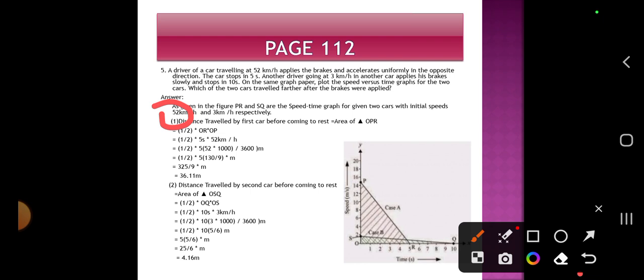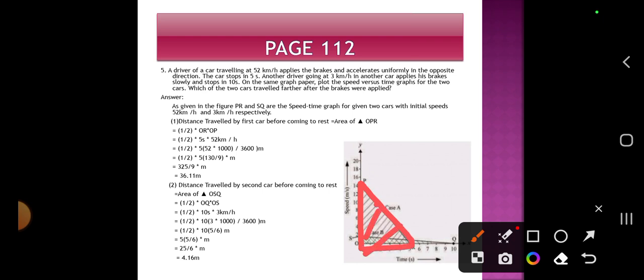Okay, first what we have to find is the distance traveled by the first car before coming to rest. That is the first car's area, we know that is OPR.